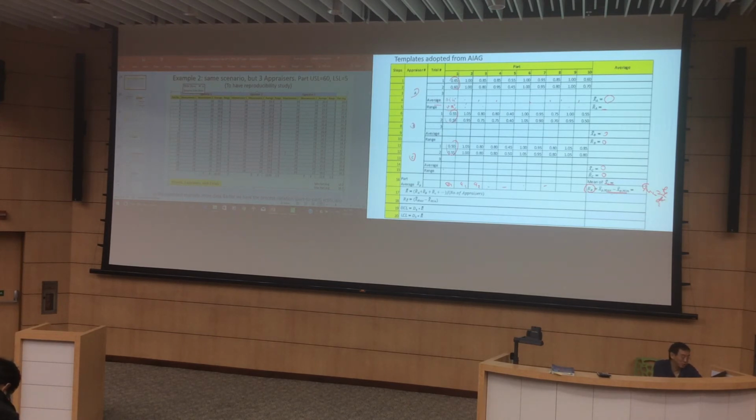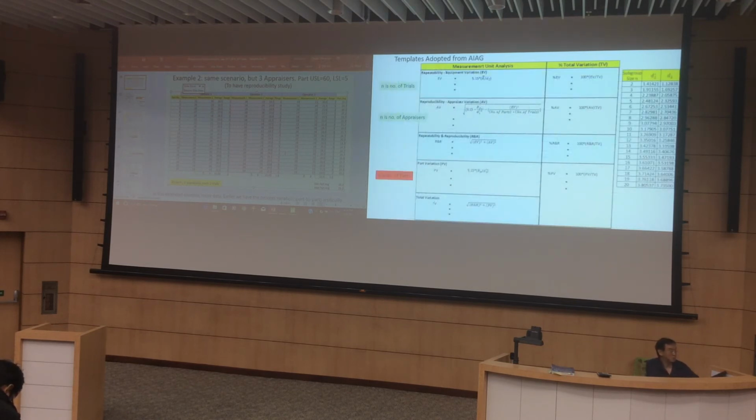So they give you this template, and then they calculate the double R bar, based on this divided by the number of appraisers. So we divide by the appraisers, you get this R bar, right? Then you get the upper and lower control limits. Subsequently, plug in this equation, you get the repeatability.